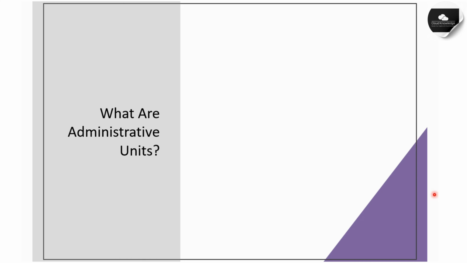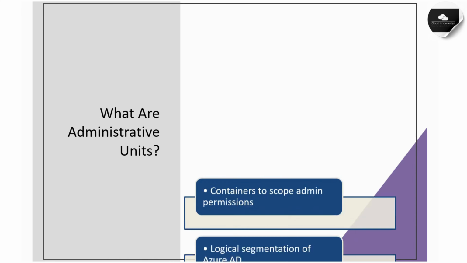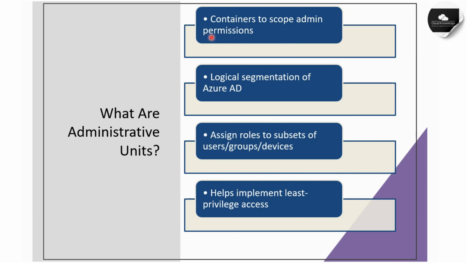First, let's understand what administrative units are. The administrative unit, or AU, is similar to the OU, organizational units, that we use on-premises, but AU is the advanced feature in the cloud.